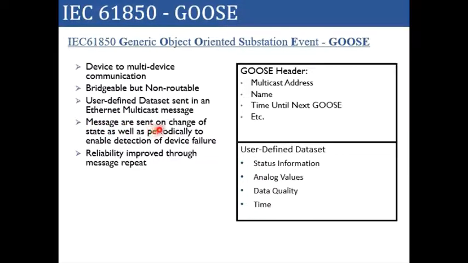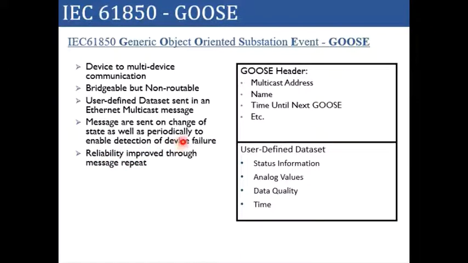The messages are sent on change of any state. So if there is an open and close of the breaker, that is a change of state. So the GOOSE message will be generated on the change of state, or you can query that device to get the periodic status of the device, or maybe if there is a device failure, then also the GOOSE message will be broadcasted.